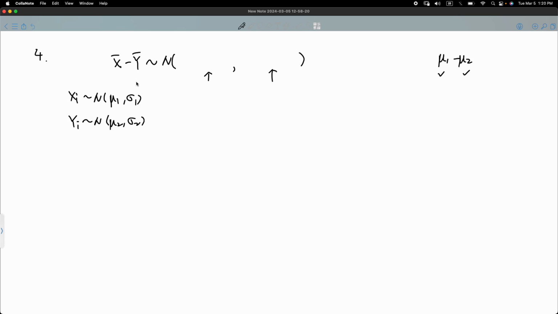So intuitively, the mean for this difference is mu1 minus mu2. So as you can see, evaluating the distribution for x bar minus y bar should give us some information about mu1 minus mu2. That should answer the question. And then the question is, what would be the variance for this difference?